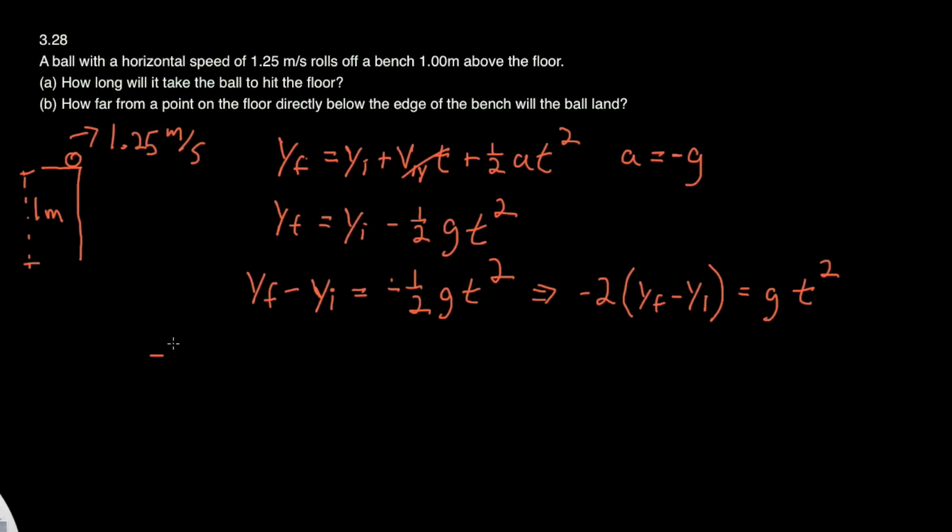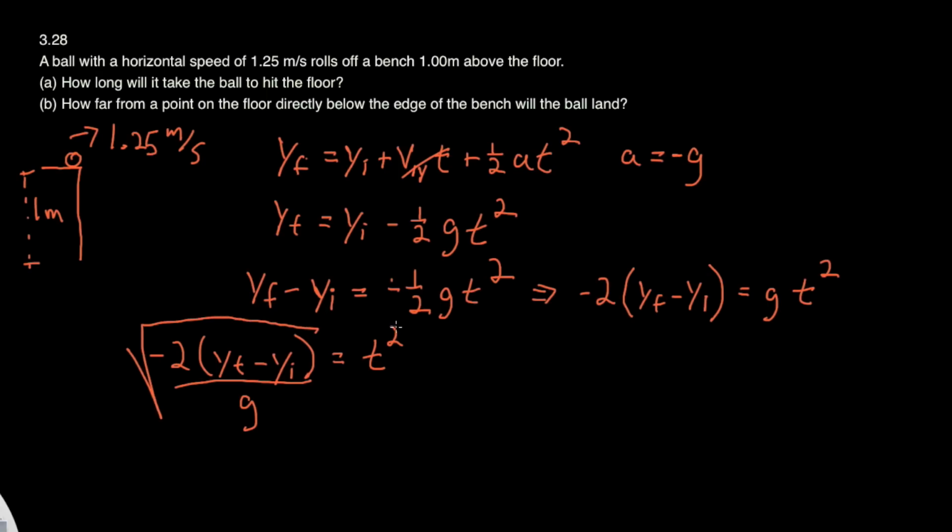So this becomes negative 2 times y final minus y initial, over g, is equal to t squared. Now just take the square root of both sides, and we have our final solution. So now all we have to do is fill in these values.